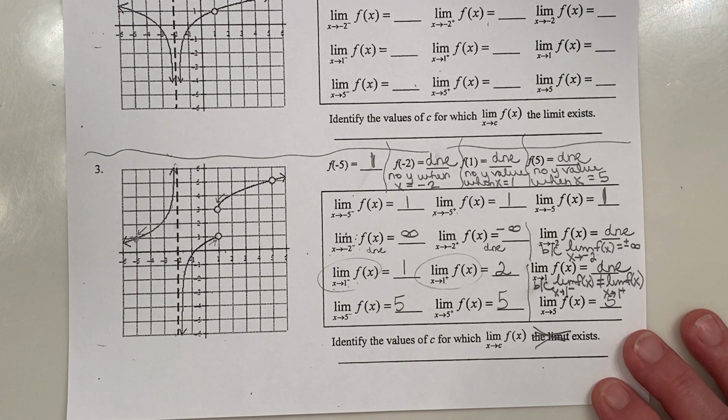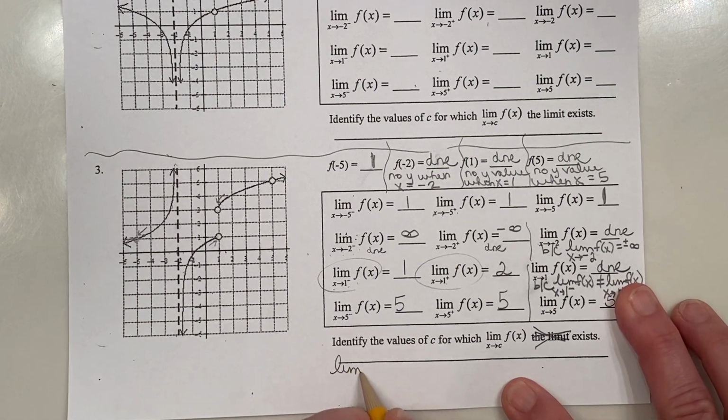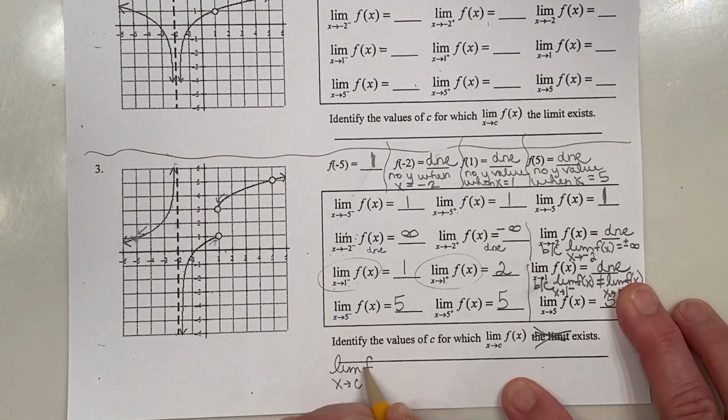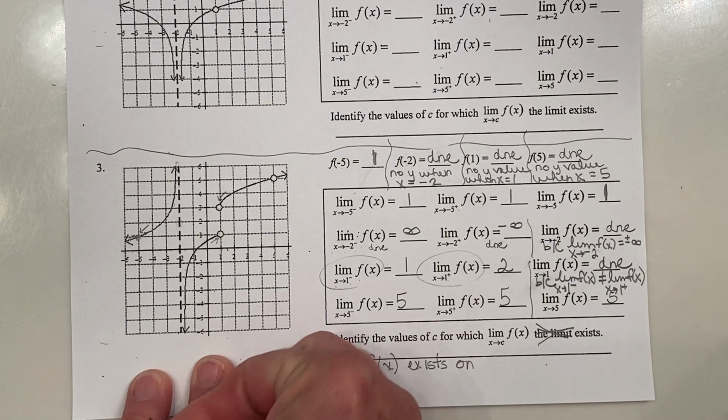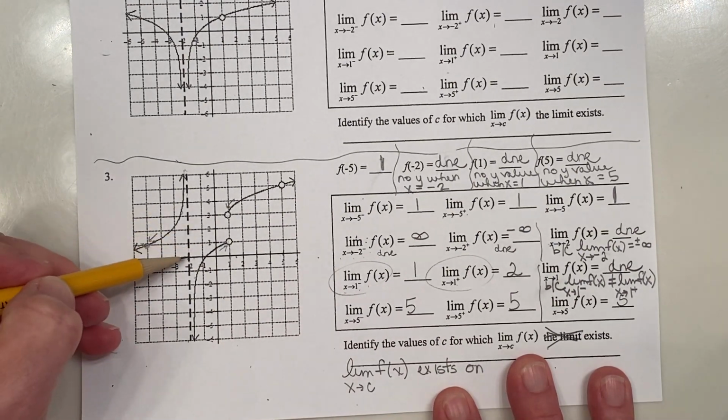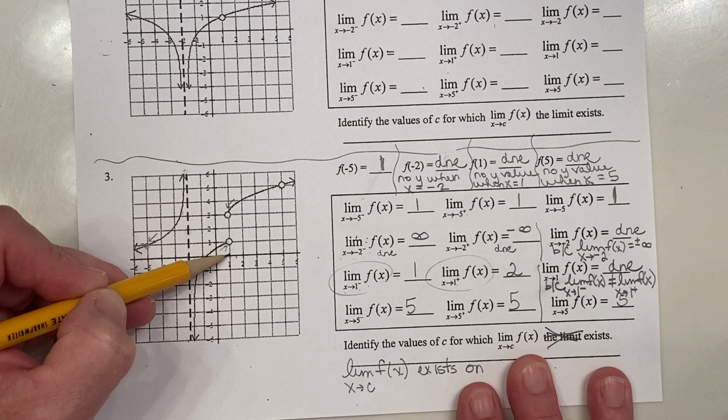Well, the limit exists anywhere that the graph doesn't have a jump or an infinite discontinuity. So I always think, okay, what c values or x values would the limit not exist, because it's easier to represent the answer by thinking about what I need to exclude from all real numbers. So I'm going to say the limit as x approaches c of this function exists on, well, the only 2 x values that this limit doesn't exist is at x equals -2 and x equals 1.